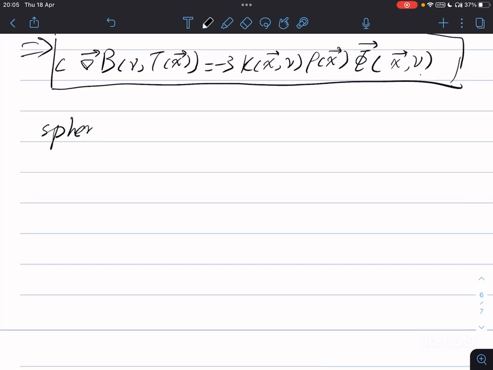Let's consider the structure of the spherically symmetric star.